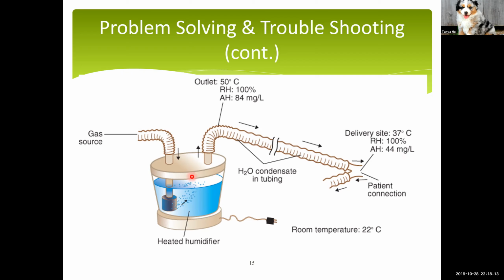All along here, the gas is cooling and falling out of its gas phase, going into the water phase, and condensation is building up. So you would want to put in a water trap or something in here to prevent it from just flowing into the patient. So that's one of the things that you would do. You could add a heated circuit or a water trap.